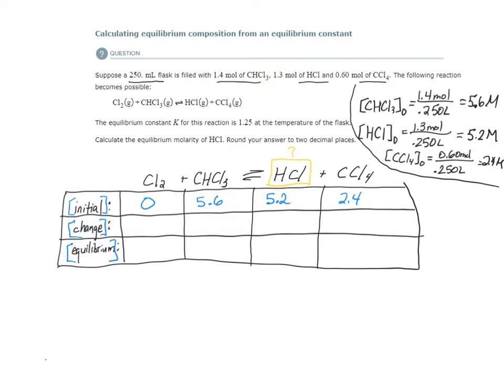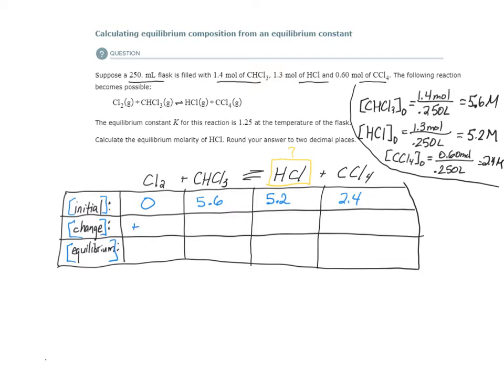We're going to use algebra, okay? So if we initially have no chlorine gas, initially no chlorine at all, a concentration of 0 molar here, at equilibrium I'm going to have some, obviously. It may not be a lot, but there's going to be some. So that means that the change in the concentration of chlorine from the initial concentration is going to be positive.